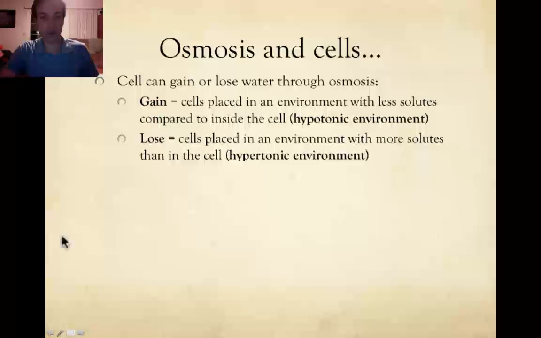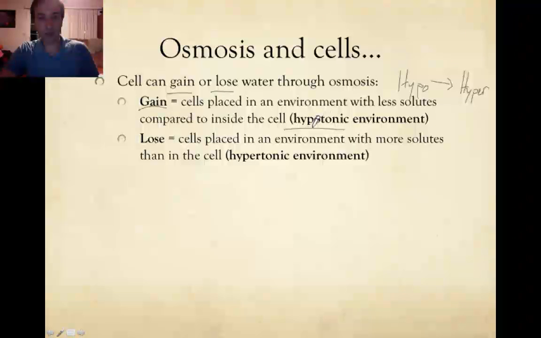We already talked about it in that picture, the idea that that cell was going to gain water through osmosis. So when it comes down to it, cells can either gain or lose water through osmosis. They generally gain water when they're in a hypotonic environment. Remember, it's always hypo, meaning water moves from hypo to hyper.